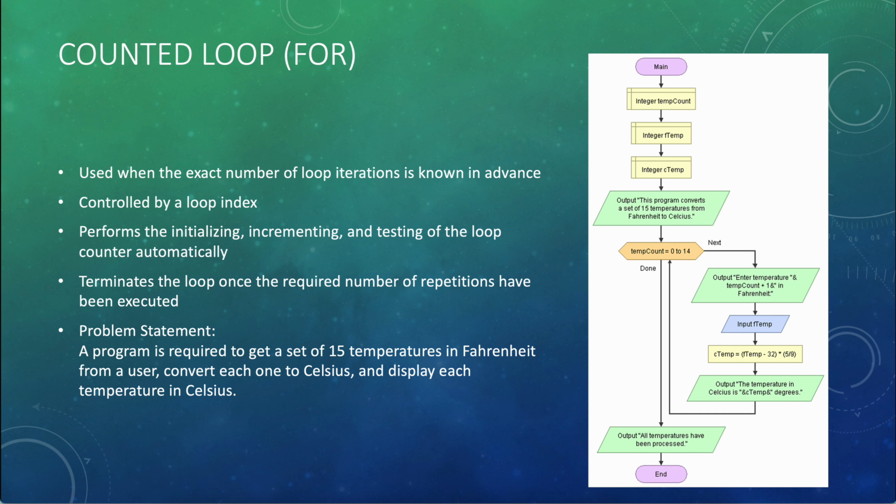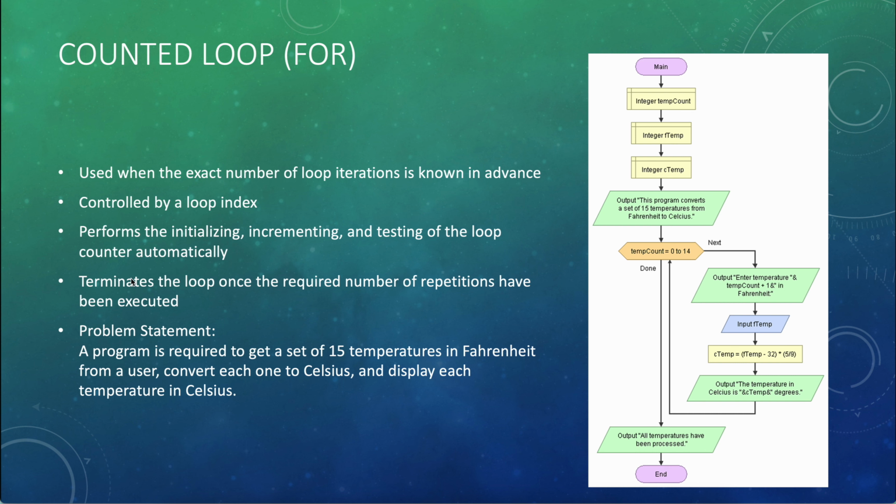The last type of loop we'll look at is the counted loop, or the for loop. This is used when the exact number of loop iterations is known in advance, and it's controlled by a loop index. We looked at how to use a while loop to accomplish this, but the counted loop makes it a lot easier when you do know the number of times that the loop needs to run.